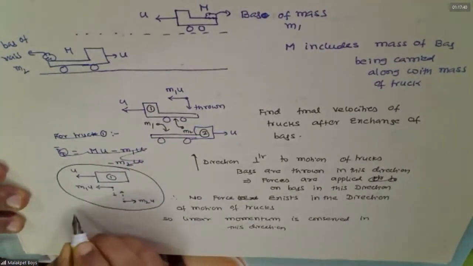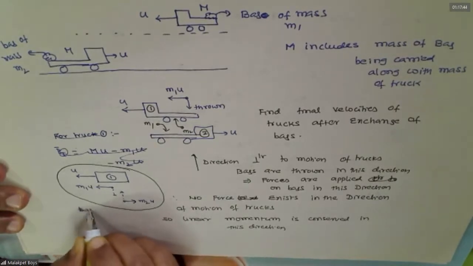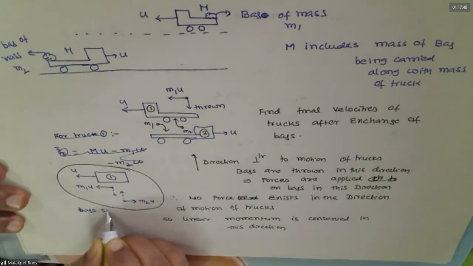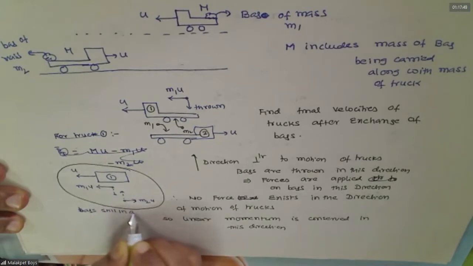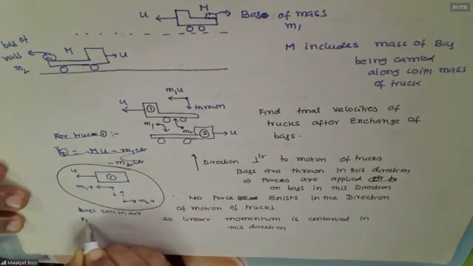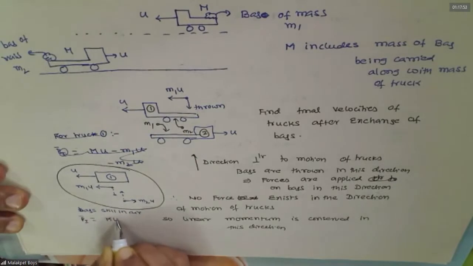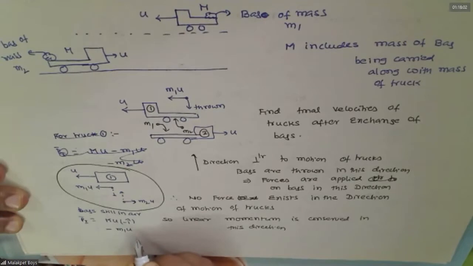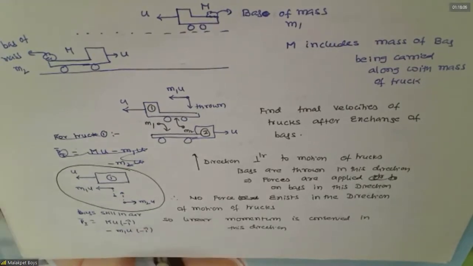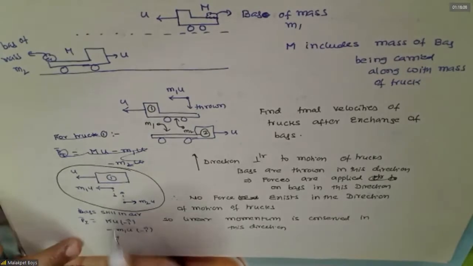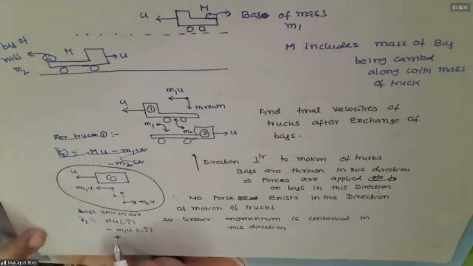That means before, the bags are still in the trucks. Then what is the momentum? I am taking M U along minus i. Do you agree with this? From that, you have to remove this. Do you agree or not? And you should add this, because that has been taken over.